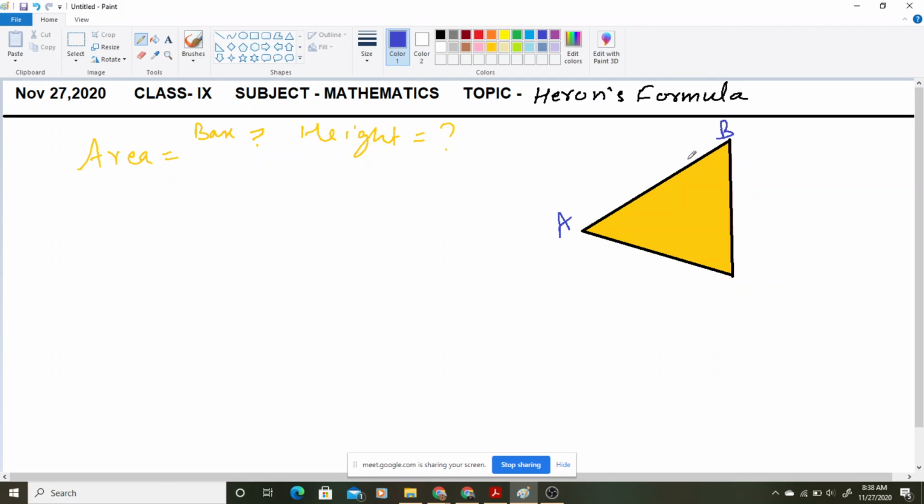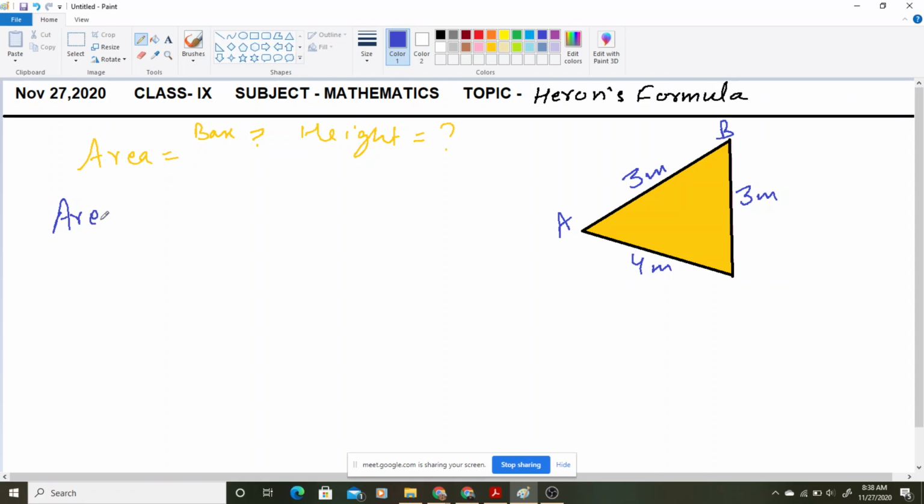Suppose I am measuring it by using some measuring tool and it is 3 meter. Okay, then I am measuring the other one, suppose it is also 3 meter, and then I am measuring the last one, it is 4 meter. So now can I find the area of triangle? Yes, I can find it by using the Heron's formula that is given to us by this mathematician Heron. Okay, so how to find?